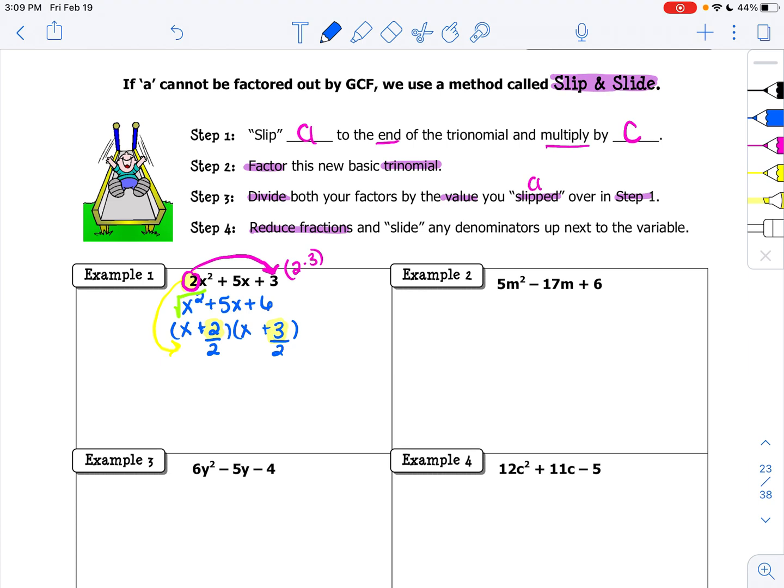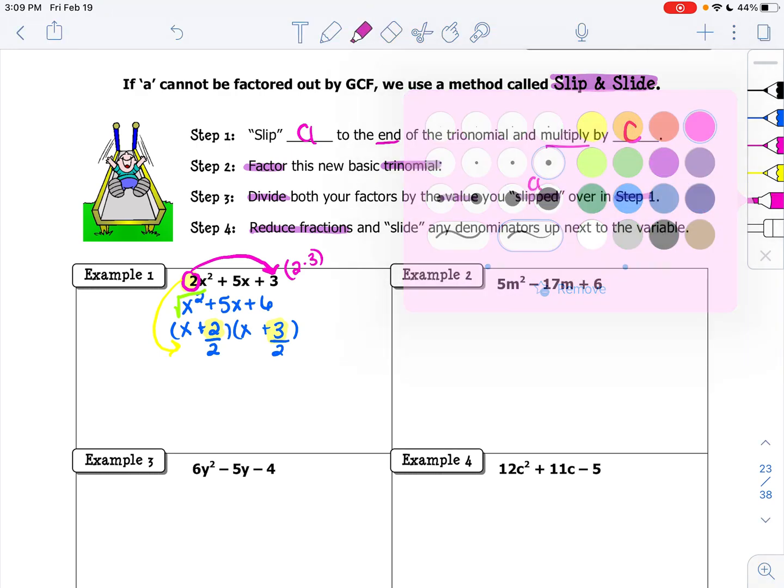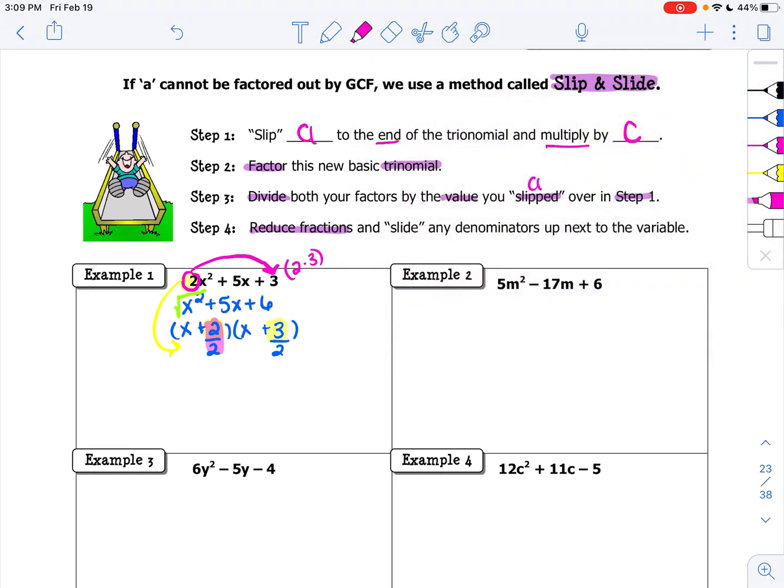Then we're going to reduce the fractions and slide any denominators up to the next variable. So when I reduce this first fraction, 2 over 2, that reduces to 1. So that would give me x plus 1.